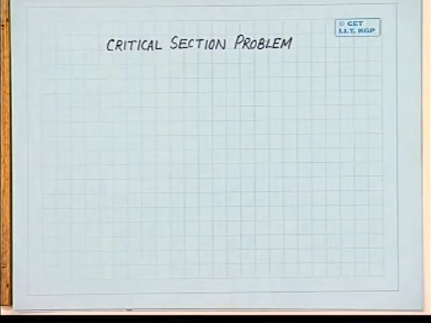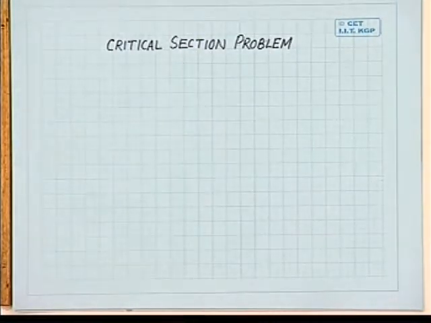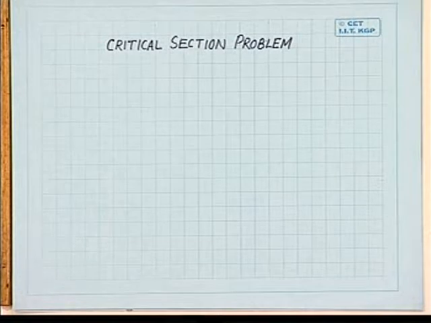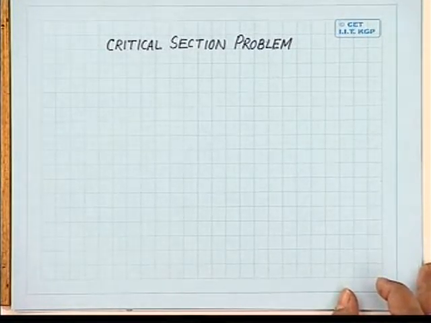The regions wherever the value of a shared variable is modified, because count is a shared variable shared by both the producer process and the consumer process, have to be tackled in a special way. Such problems are called critical section problems. So what is the possible way?